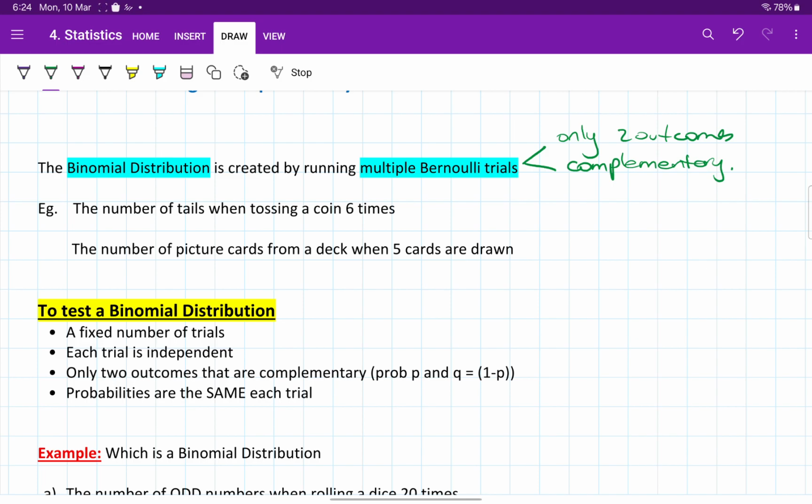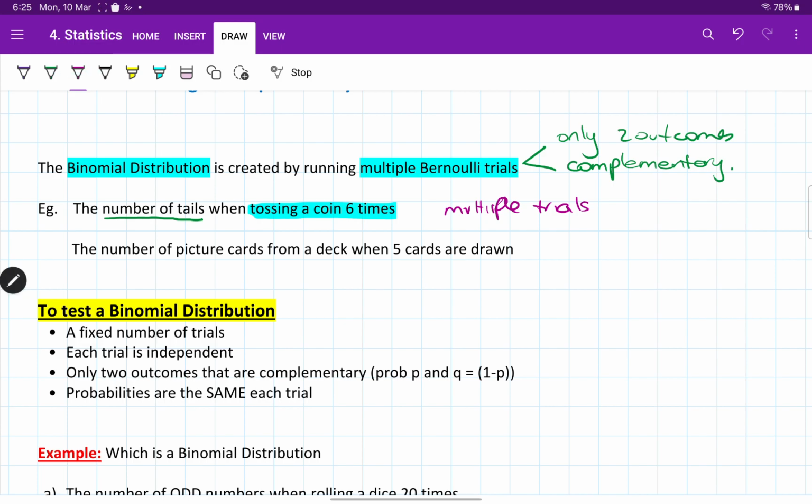Right, the first event is getting the number of tails when tossing a coin 6 times. Okay, so the first thing we have a look at, are we dealing with multiple trials? We're tossing a coin 6 times. So we have multiple trials. Okay. Second thing is, are there only 2 outcomes, and are they complementary?